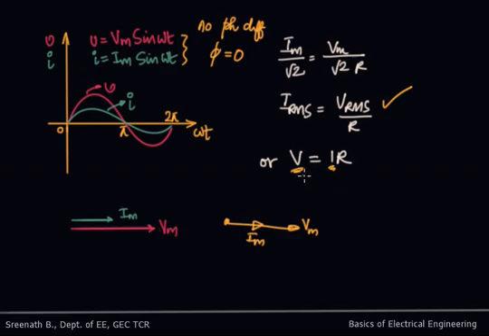So we indicate the RMS values in terms of capital symbols. So that is V is equal to IR. Okay, so remember, in a purely resistive circuit there is no phase difference between the input voltage and the current that is flowing in the circuit while you are applying an AC signal.